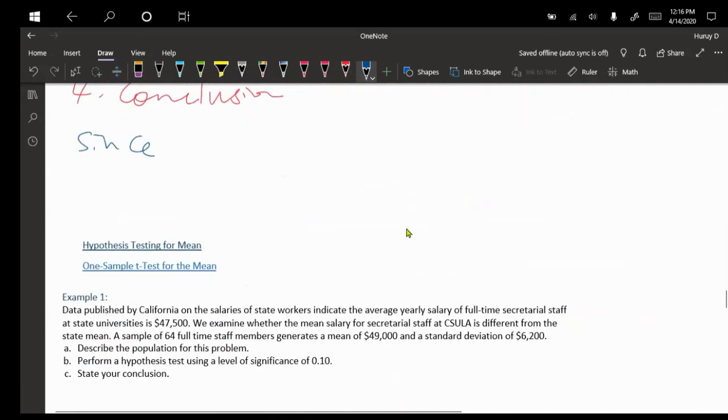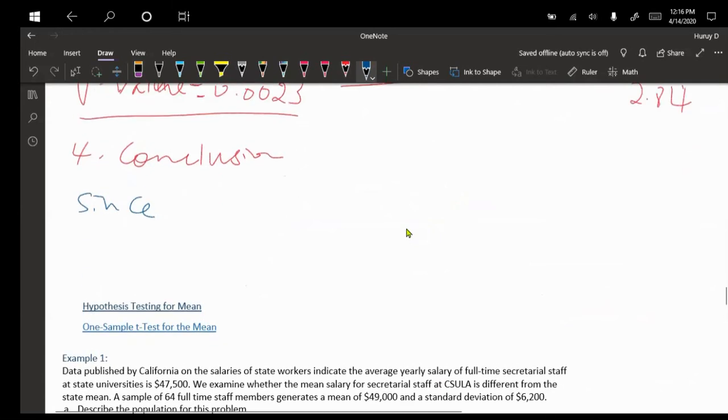Okay. So since the p-value is smaller than 0.05, which is our alpha, we reject H sub naught. Okay.